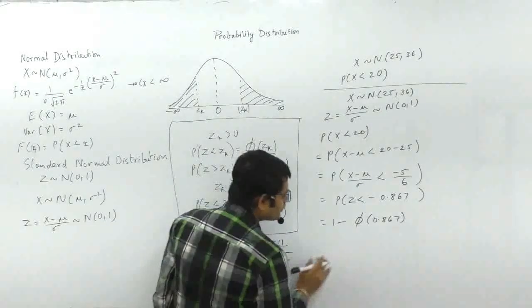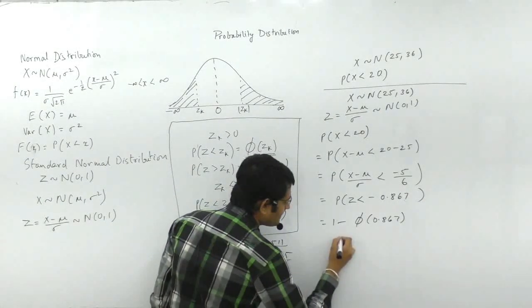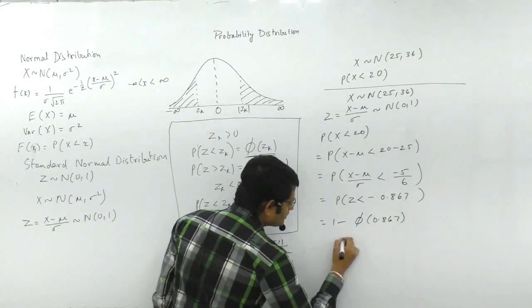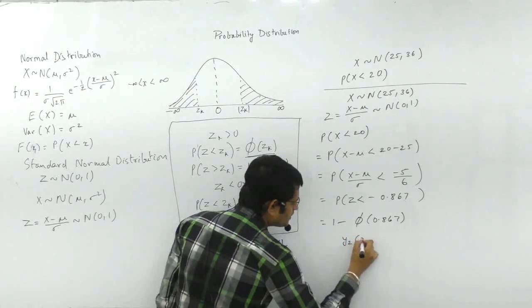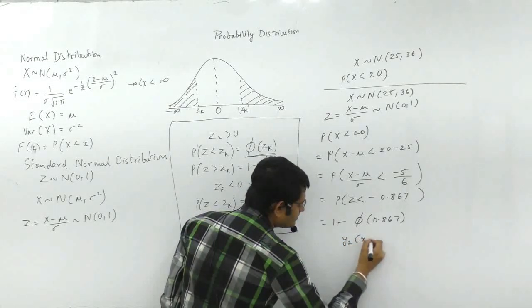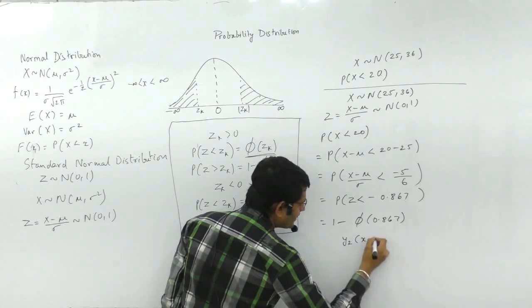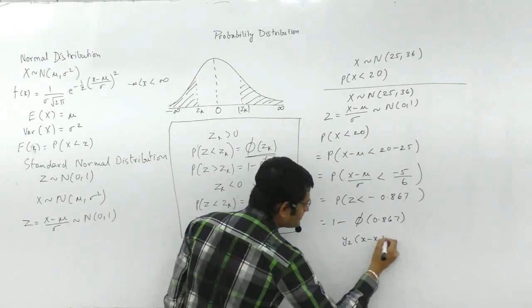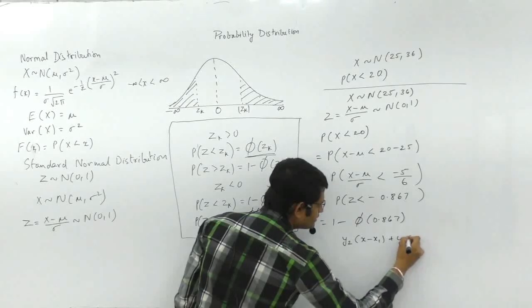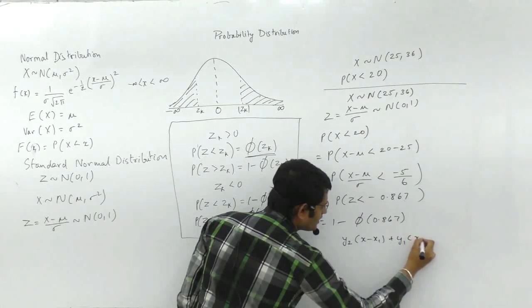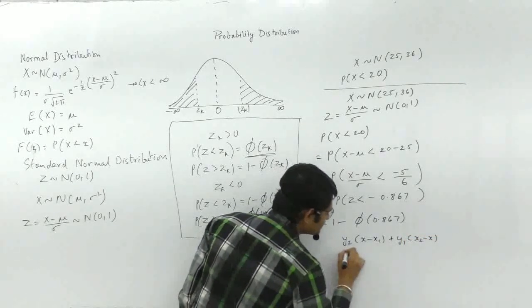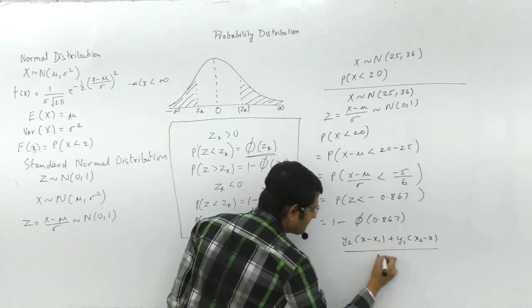So the formula for interpolation is y2 times x minus x1 plus y1 times x2 minus x, upon x2 minus x1.